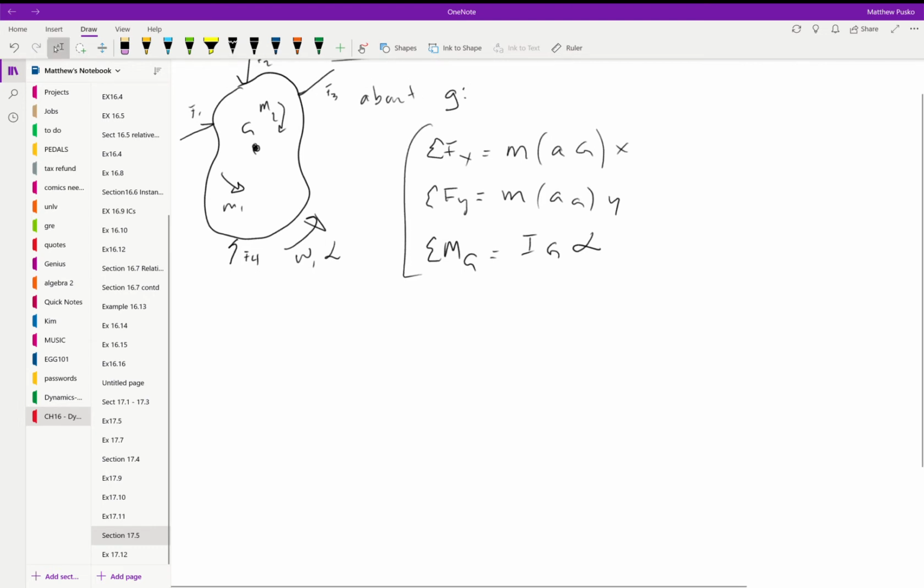We can also do about some other point P if it's more convenient. This is a convenience thing.